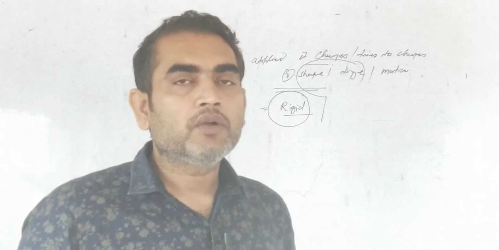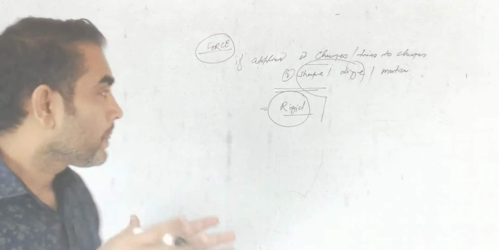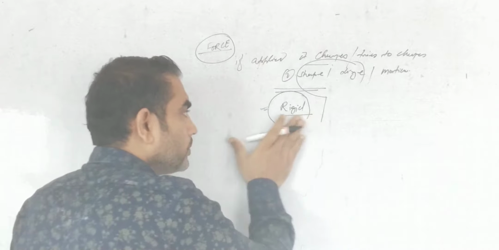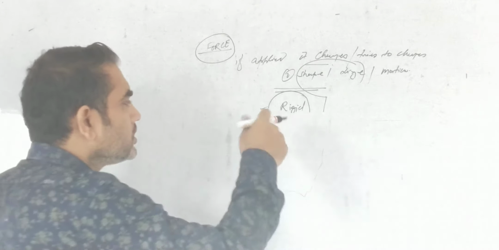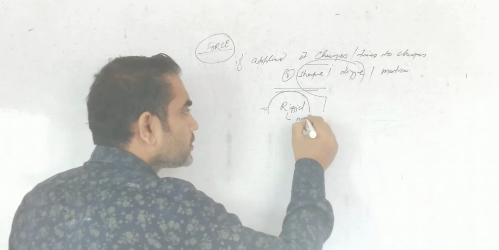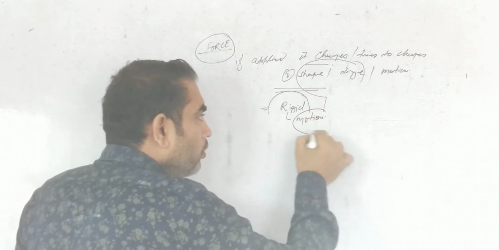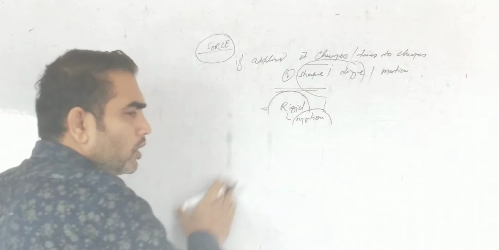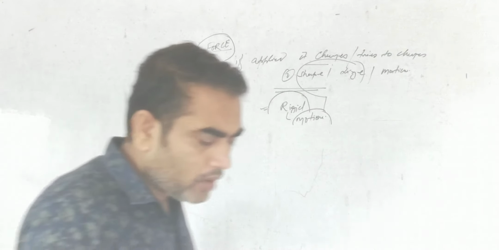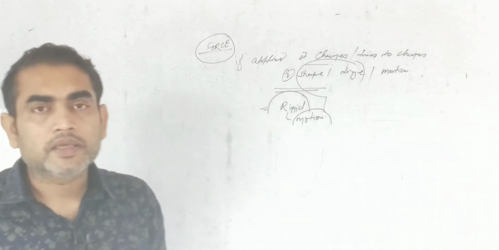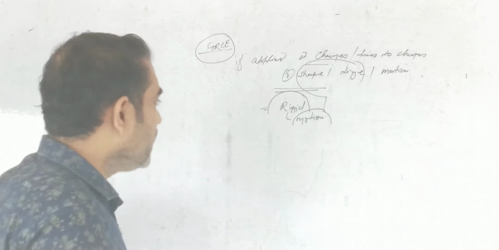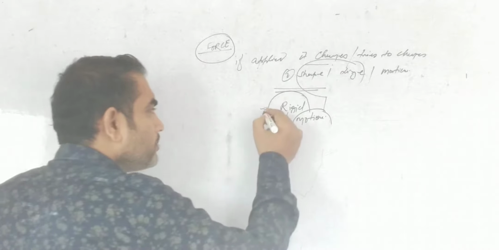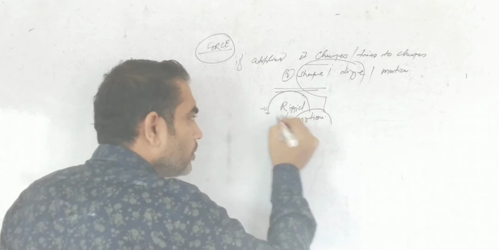Now the effect of force on the rigid object, that we need to understand this time. Whenever force is applied on a rigid object, it changes the motion of the object. The force applied on a rigid object cannot cause change in the shape, size, etc. of the object, but it changes the motion of the object.